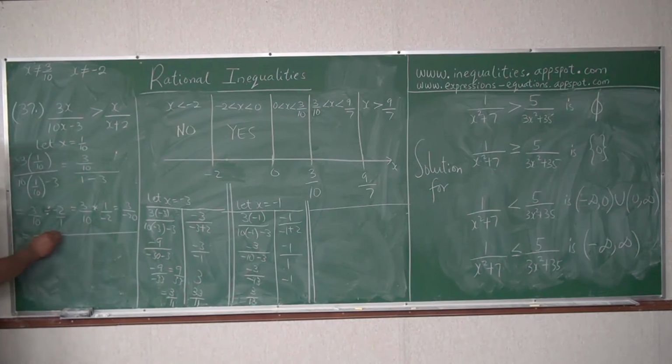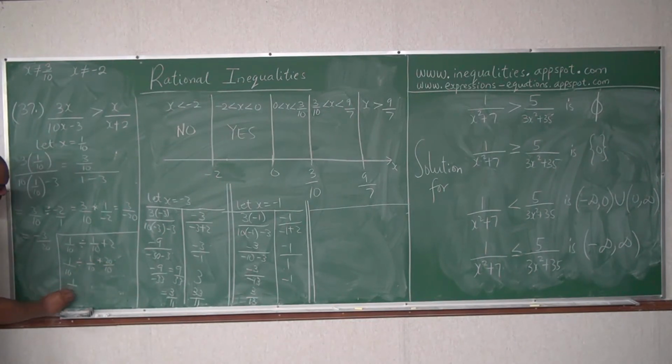Now for the right would be 1 over 10 divided by 1 over 10 plus 2, because this is x divided by x plus 2. So this is 1 over 10 divided by 1 over 10 plus 20 over 10.